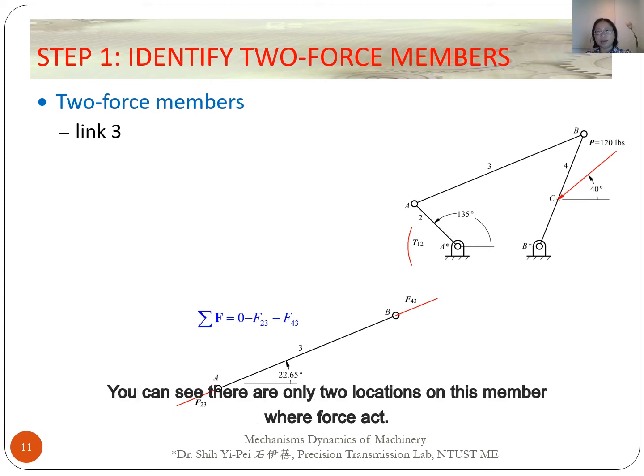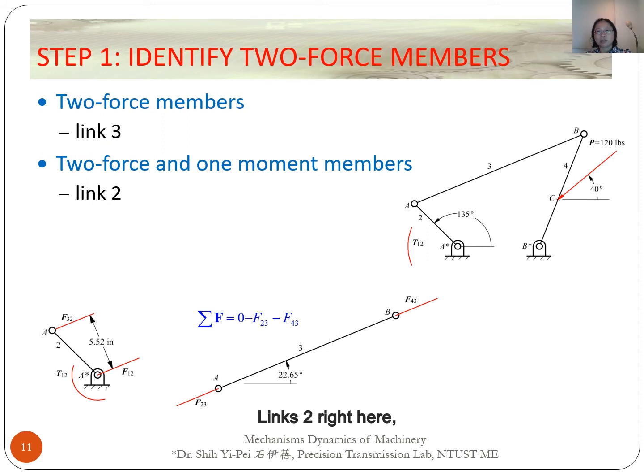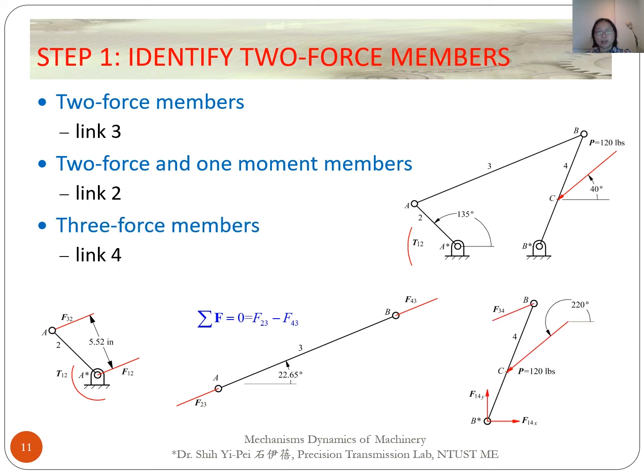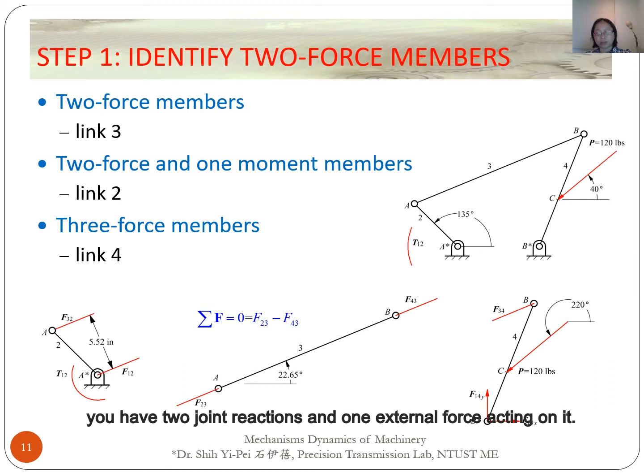You can see there are only two locations on the member where force acts. Link 2 right here has two joint reactions and one input torque on this member. And then link 4 has two joint reactions and one external force acting on it. So links 2 and 4 are not two force members.